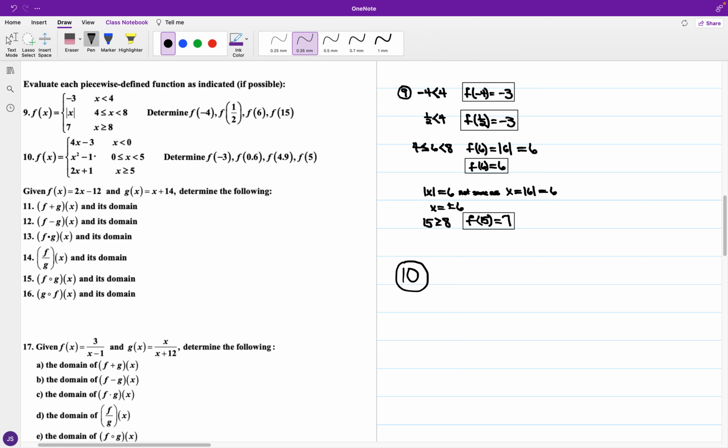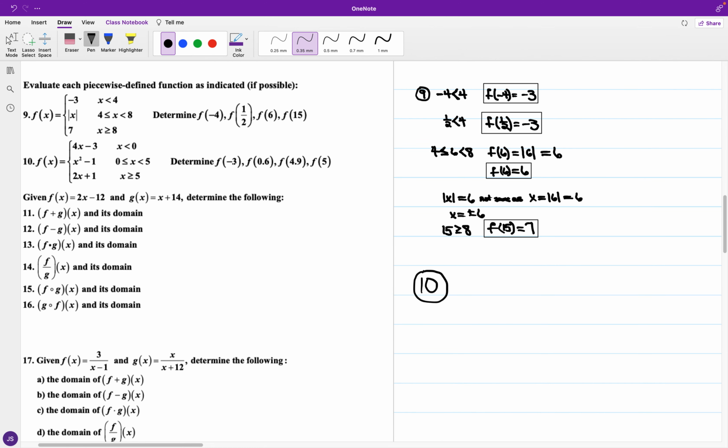So for number 10, looking at the input value of negative 3, any value that is negative automatically is less than 0. And so for f of negative 3, in terms of what to do with negative 3, we're going to have the 4x minus 3 treatment.